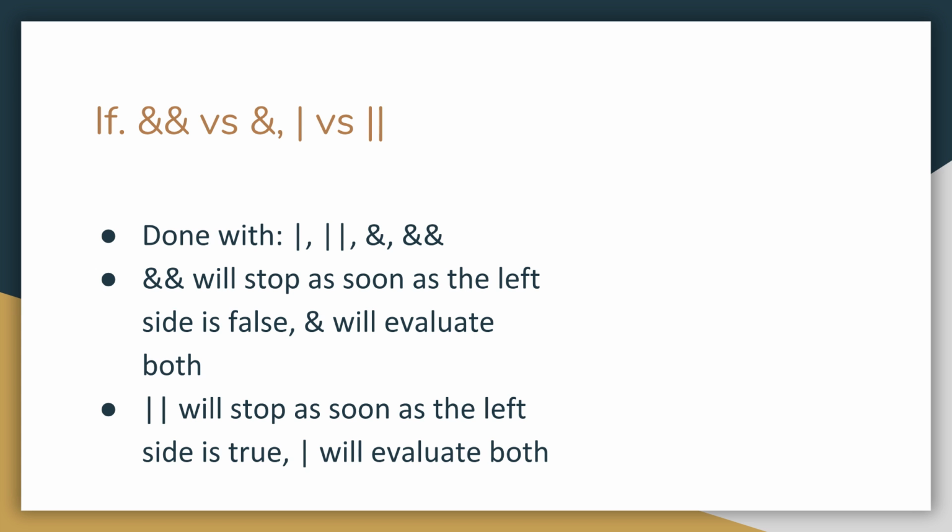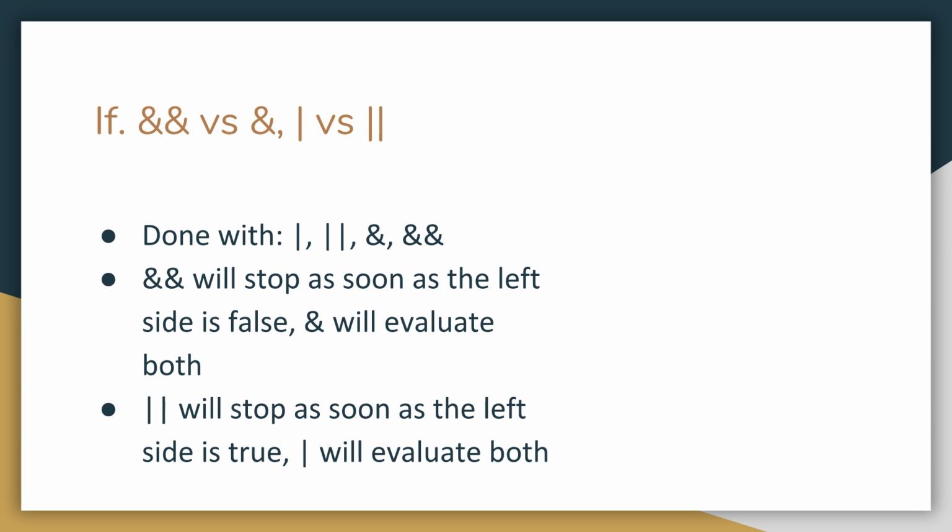Now, an interesting thing which confuses many people quite often is AND with two AND symbols as opposed to AND with one symbol, and the same with OR, with two OR symbols or one OR symbol. Two AND symbols and two OR symbols is called short circuit AND or short circuit OR.